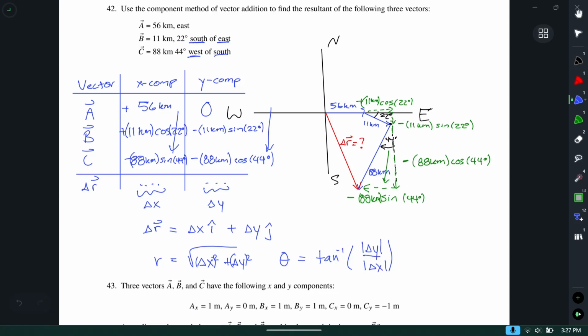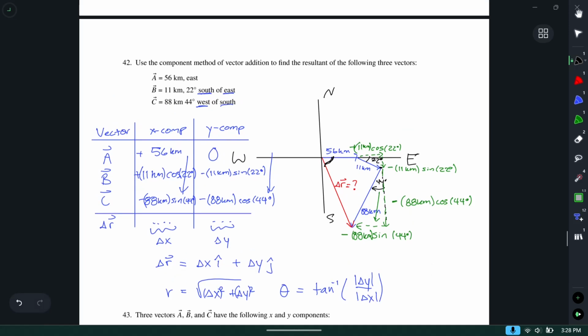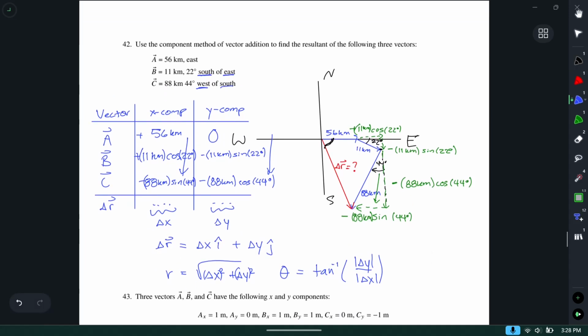The absolute values are so your calculator doesn't spit out something weird, and then you'll just know that if it says an angle of like 70 degrees or whatever, it means this angle is 70 degrees, something south of east, for instance. So we could put in those numbers, but that kind of finishes out the problem.